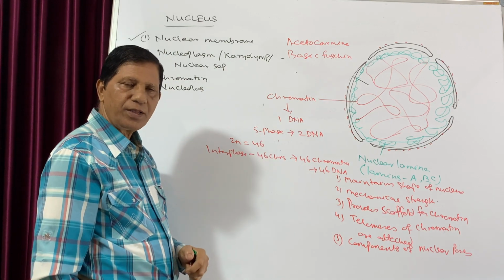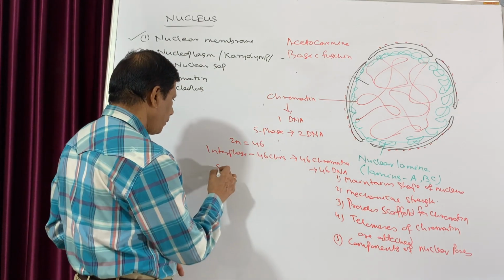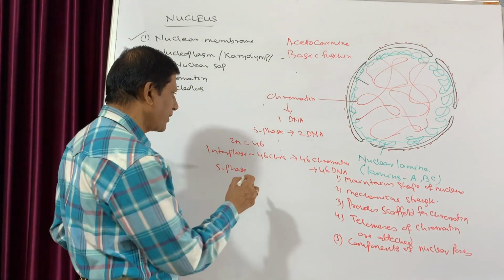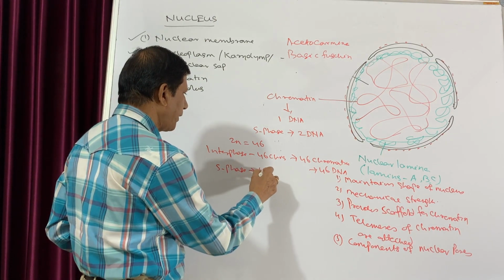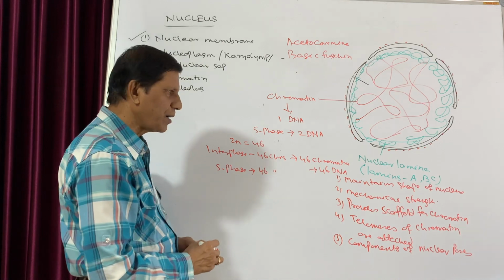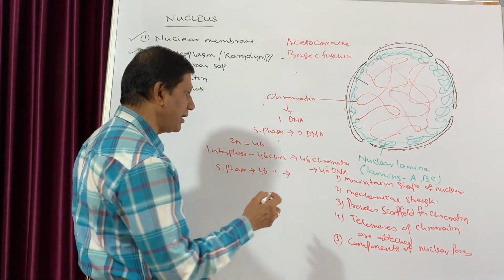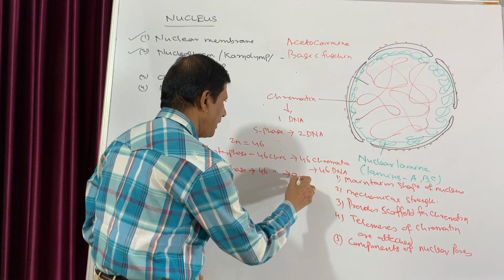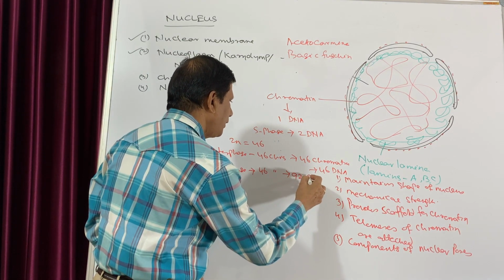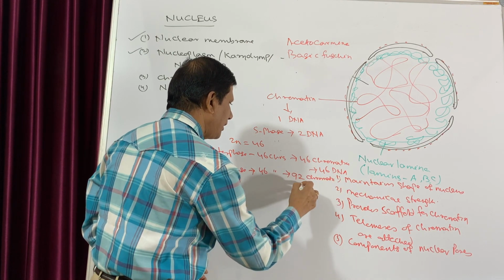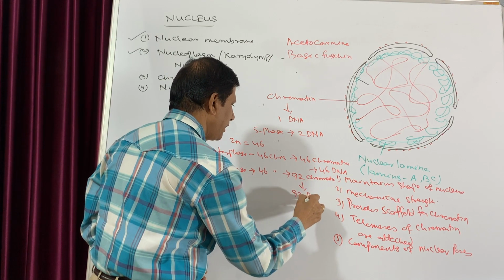But when we move to S phase during cell division, the number of chromosomes will still be 46, but there will be duplication of DNA, there will be synthesis of DNA. So there will be 92 chromatins and 92 DNA molecules.